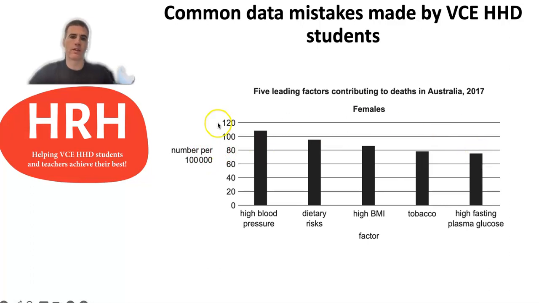So it should be 78 per 100,000 in the population. Or sometimes they'll take the 78 and do some kind of maths in their head and call it 780,000 or something like that. All you need to do is no special calculations, just read the top of the bar here and then say per 100,000 in the population. So make sure you're not trying to do any special whiz-bang calculations, because that's not required.